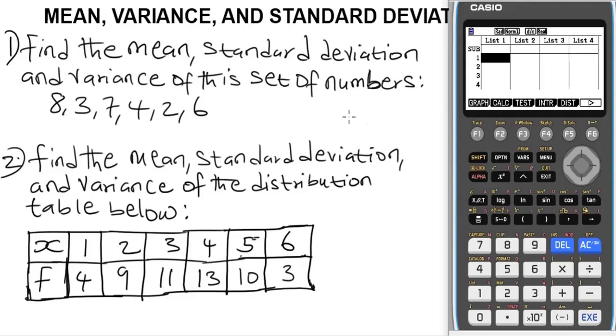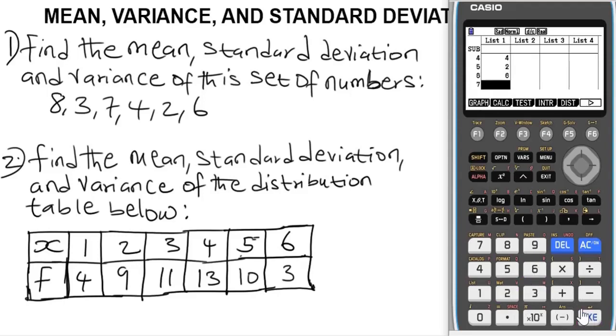Now let's start with question 1. It says find the mean, standard deviation, and variance of this set of numbers. When you are given independent data without frequency data, look at how you're going to do it. Let's enter this data under List 1. The values are 8, 3, 7, 4, 2, and 6.